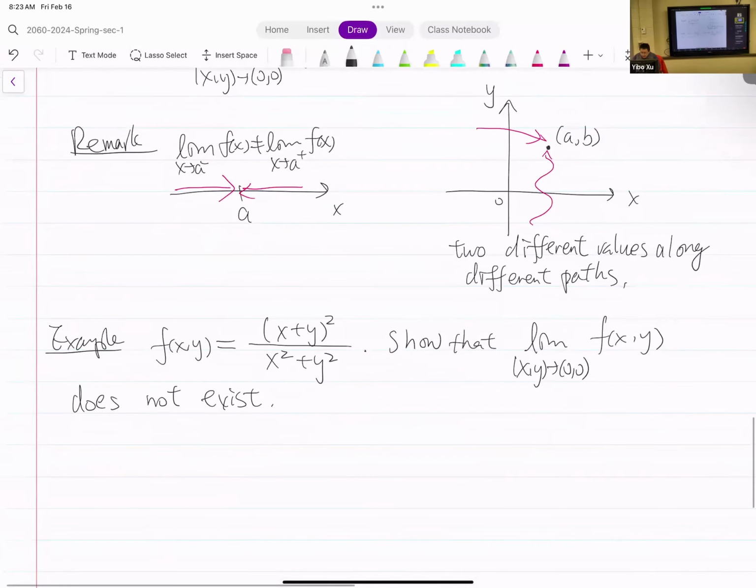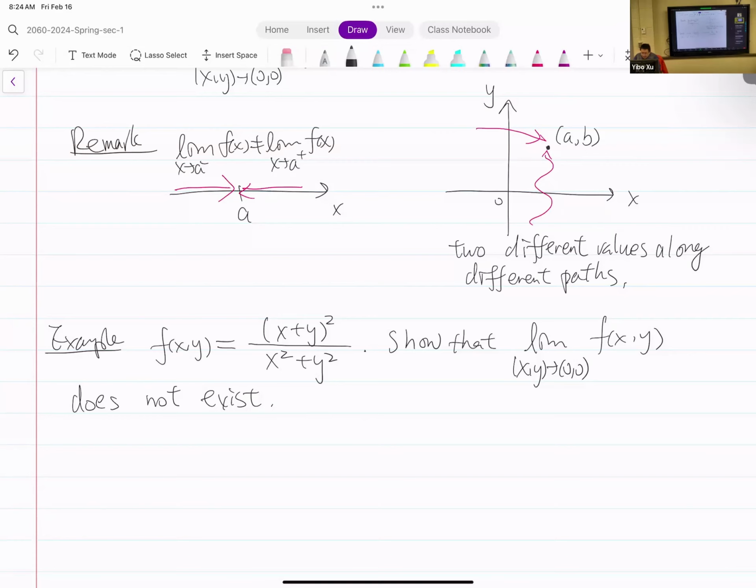Okay, so now basically, if you just do eyeballing, right? If you go along the x direction, you just make y equal to 0, you will have 1. If you make x equal to 0, you're just going along the y-axis, also 1. But then that does not guarantee the limit to be 1 for any other directions. Okay, so it could be something else.